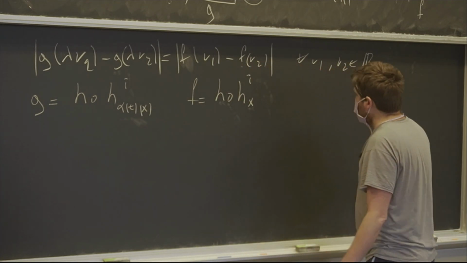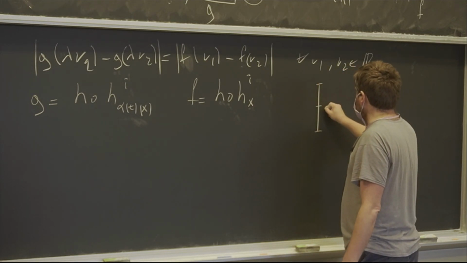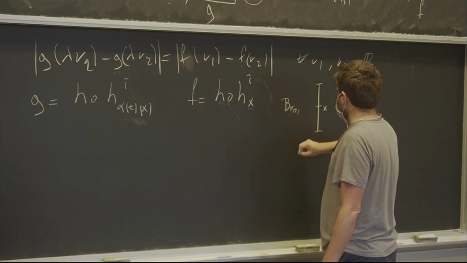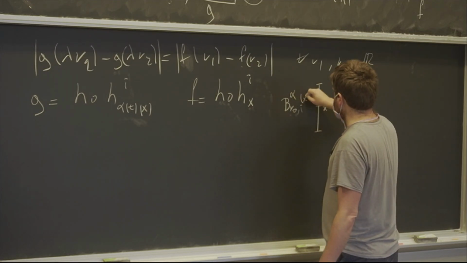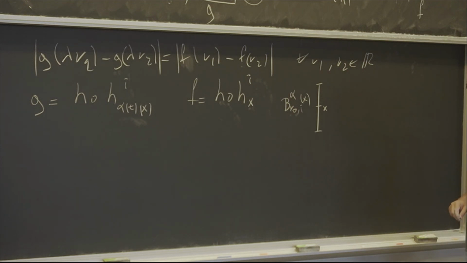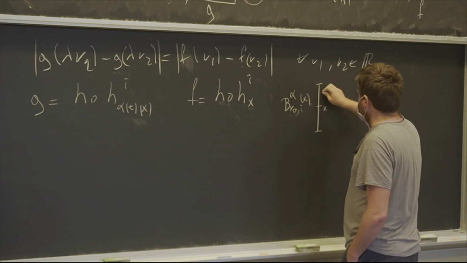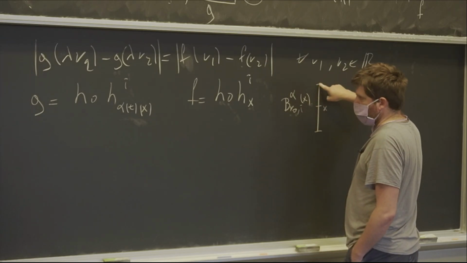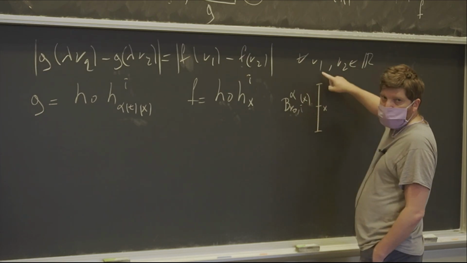Okay, so now let's see the picture. I take my point x, I take this B R naught ball, alpha of x, and I know that this guy is a compact set, so the h and the hx are uniformly continuous on this guy.